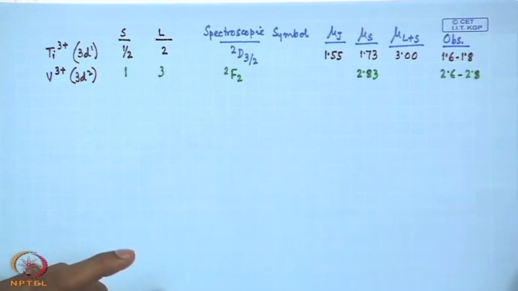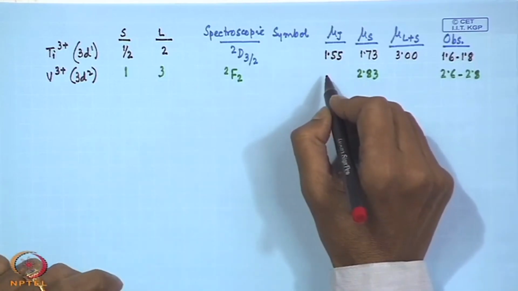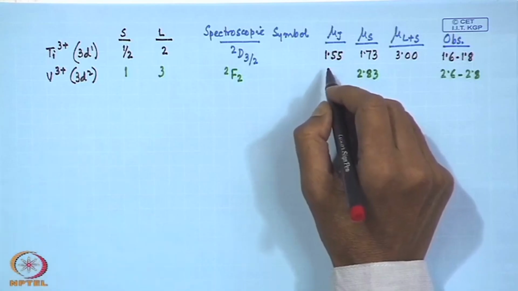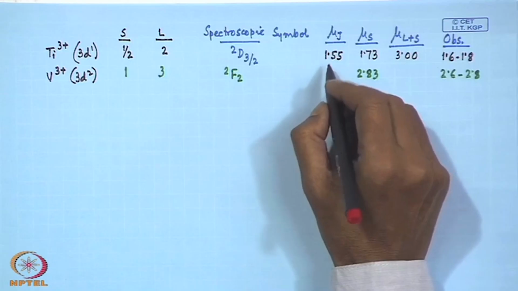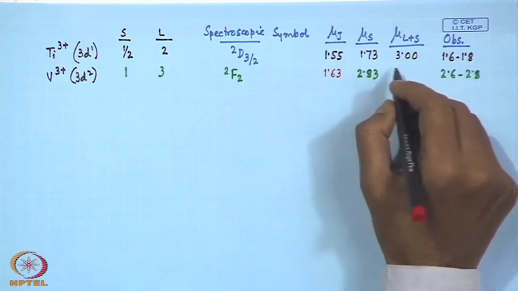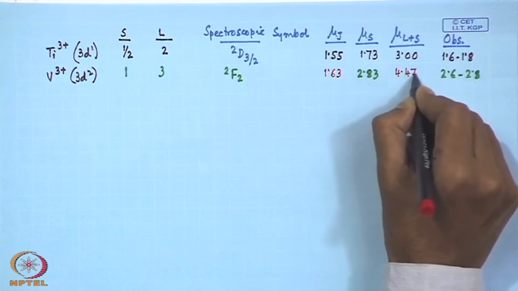But when we bring in the other two values, theoretically calculated using J as the quantum number and L and S both as quantum numbers contributing towards the magnetic moment, it will be 1.63, which is in the lower range, but in the higher range it is 4.47.